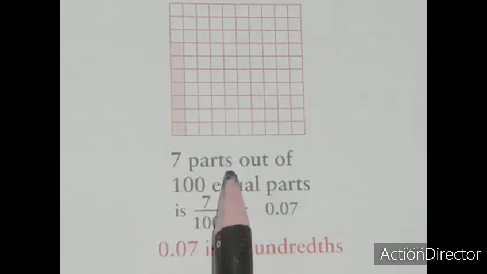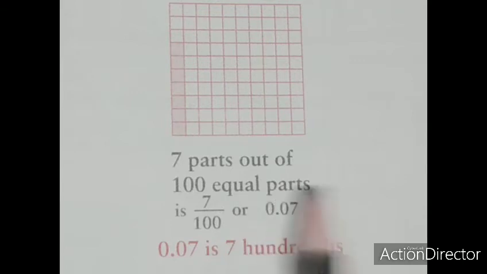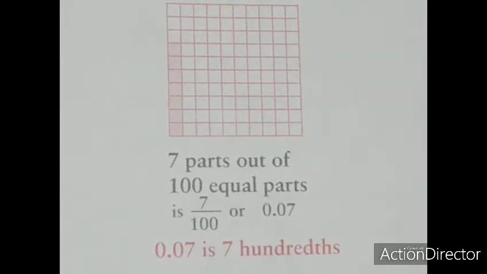There are a total of 7 parts out of 100 equal parts shaded here, and we write this in fraction as 7 upon 100, because 7 parts are shaded out of 100, or we write this fraction as 0.07, and we read this number as 0.07, right? 0.07 is 7 hundredths.